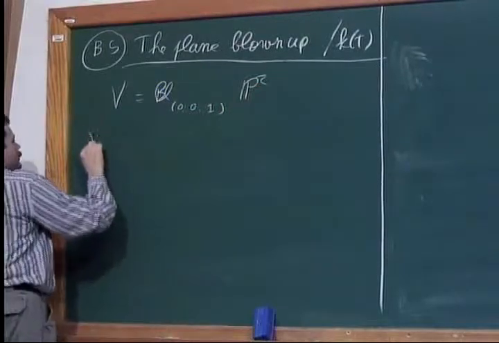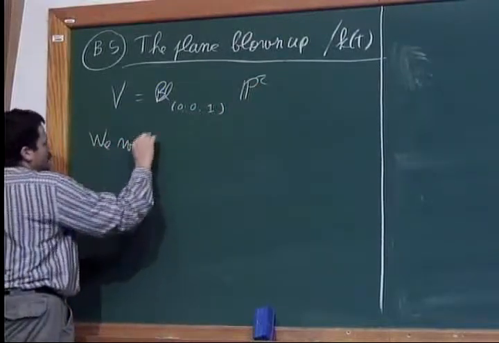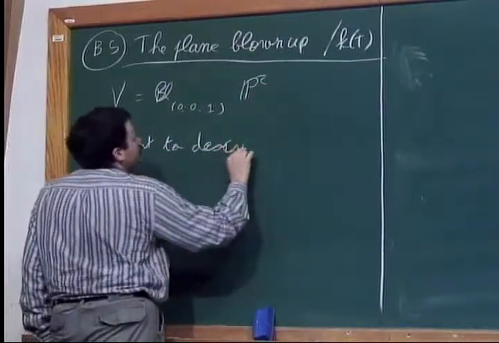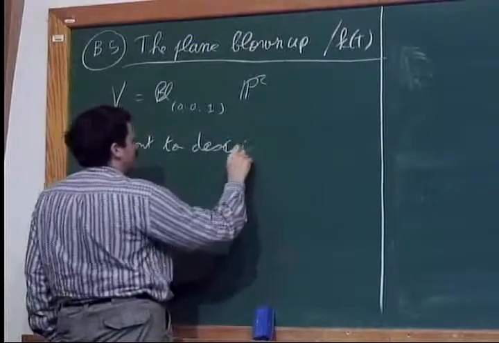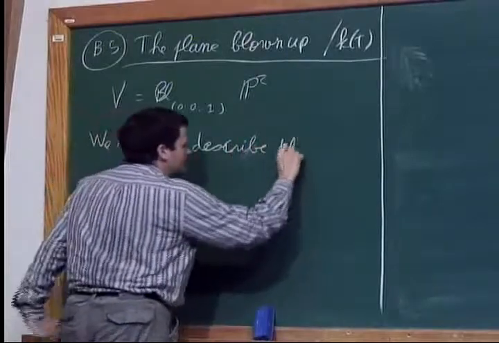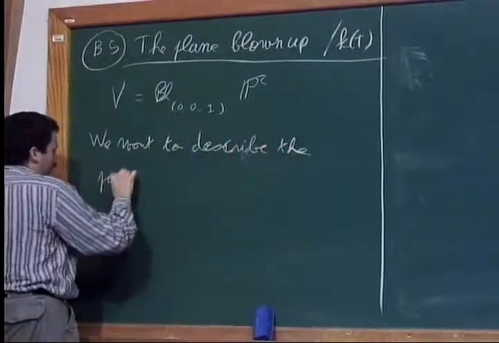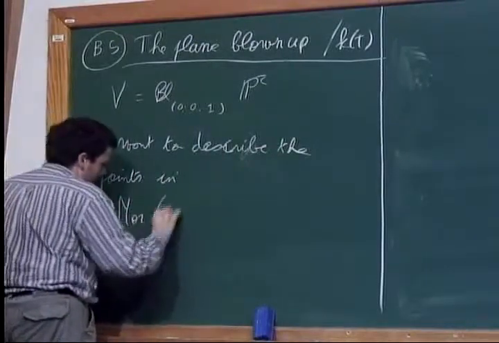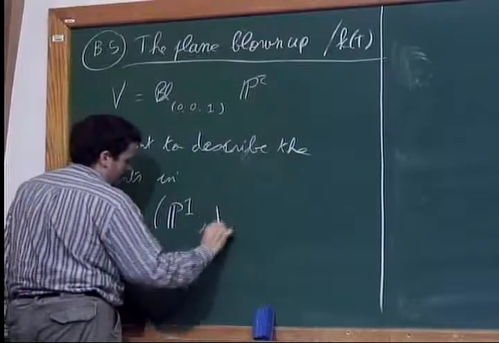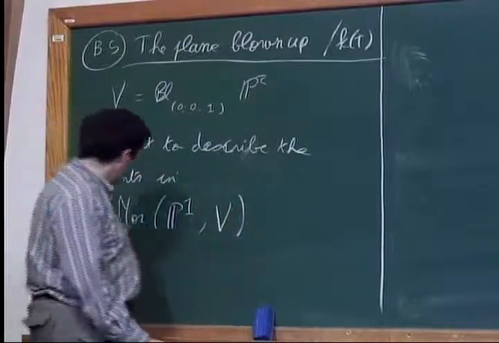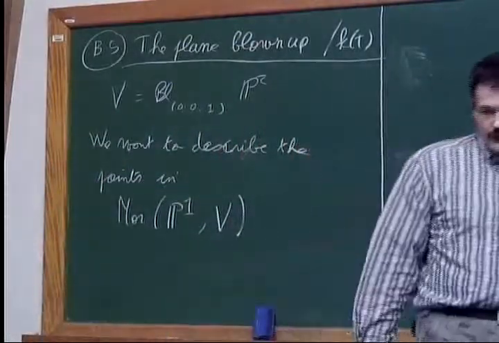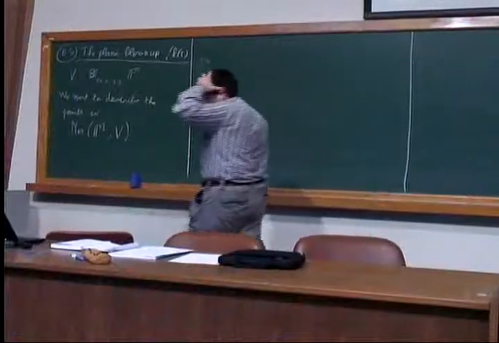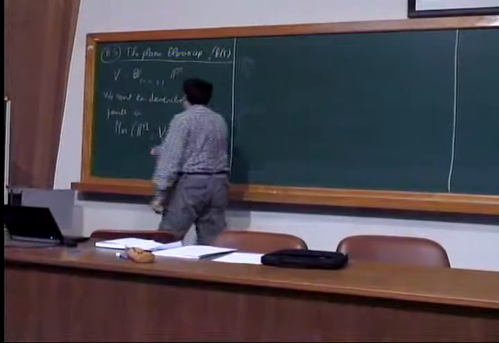And we want to describe the points in the morphism from P1 to V. So in order to do that, maybe I should say what are the degrees in that case.